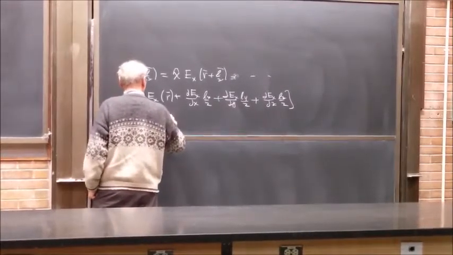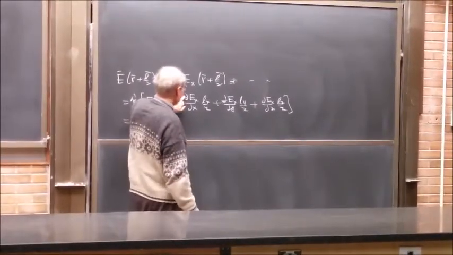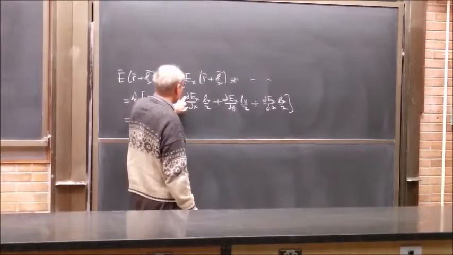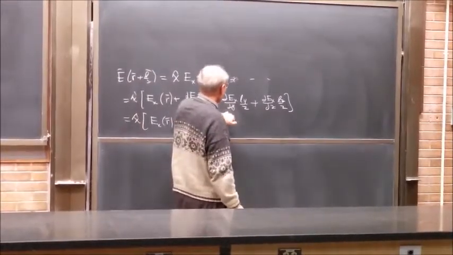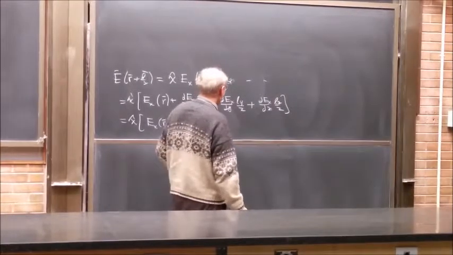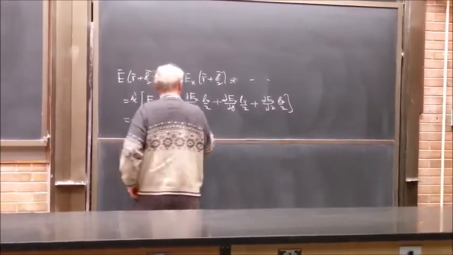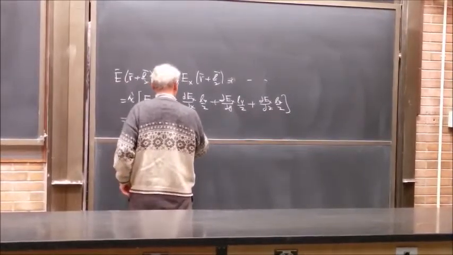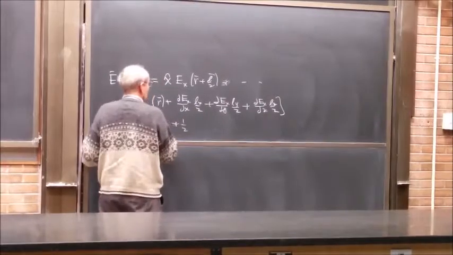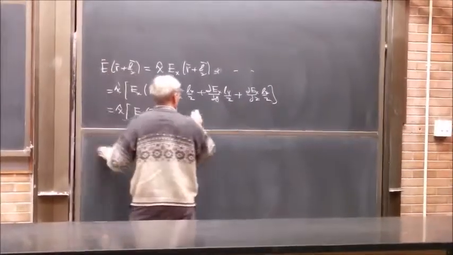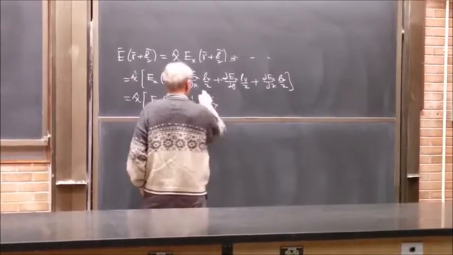So you got Ex of r. Now what is this? That is d by dx of Ex Lx plus d by dy Ex Ly, d by dz Ex Lz. So you got 1/2 from this, and then you've got the gradient of Ex.